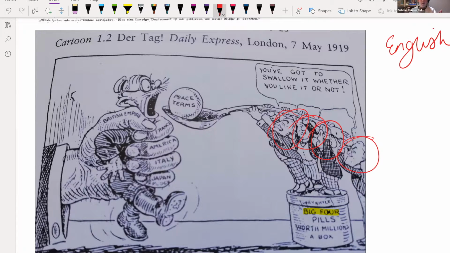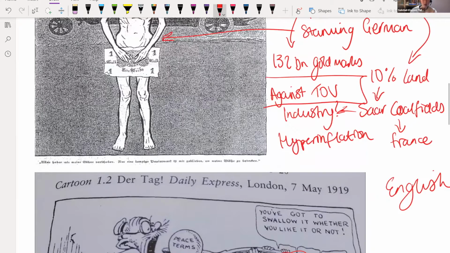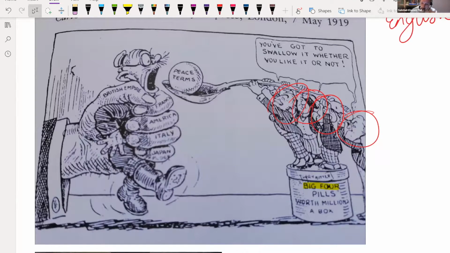And you can just tell, because I've seen loads of these cartoons, when you've seen them over and over again, you know who they are. So I wouldn't need that written down there for me to know that this was the big four. I could just look at their faces, which is important because, like I said, in cartoons such as this one, when you don't get any writing, you need to know what you're looking at. So peace terms, you've got to swallow it whether you like it or not. So they're being force-fed these peace terms.